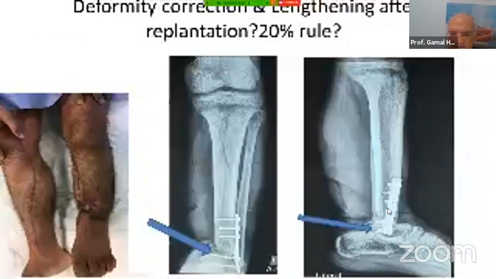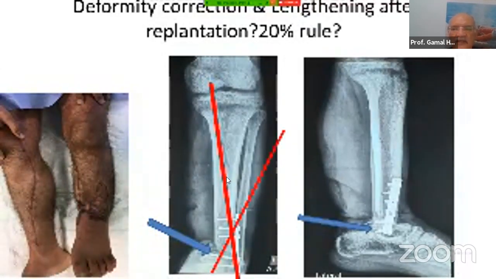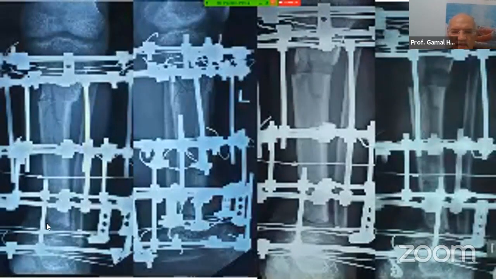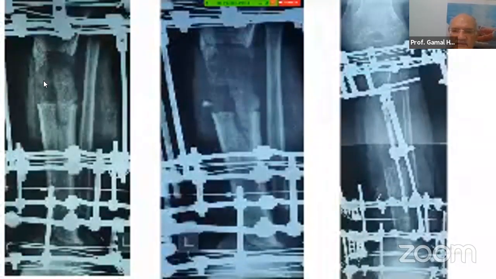Non-union, deformity. If you draw the axes, we have a deformity and shortening of 20 centimeters. We did resection of this part and correction of the deformities, so we added 2 centimeters. We had 22 centimeters of shortening, and we did corticotomy and lengthening, 5 centimeters, 10 centimeters, 12, up to 22 centimeters.